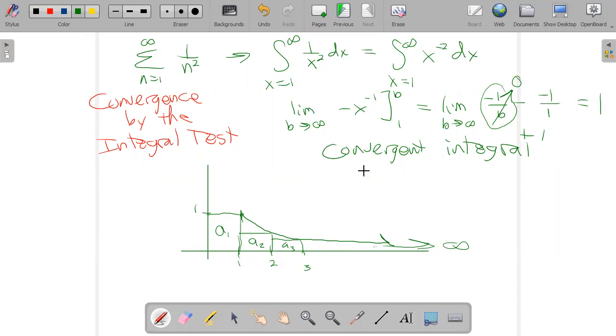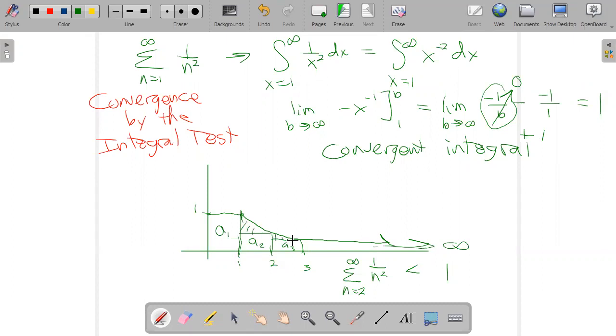This function right here, we found, is less than 1. So that means the sum as n goes from 2 to infinity of my function, 1 over n squared, is less than 1, because we have all this extra area that the integral is adding up that the sum is not.